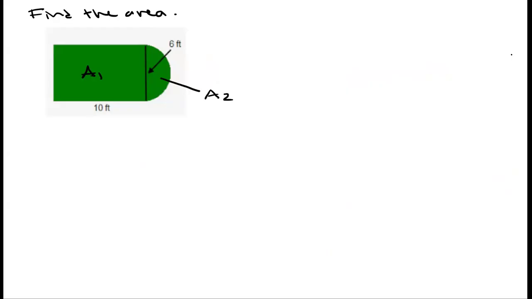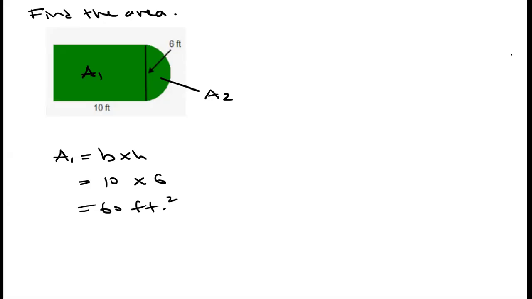A1 is just base times height, the area of the rectangle. The base there is 10 feet and the height there is 6 feet. So we get 60 square feet for the area of the rectangle.